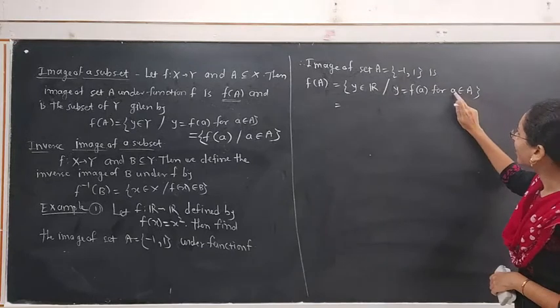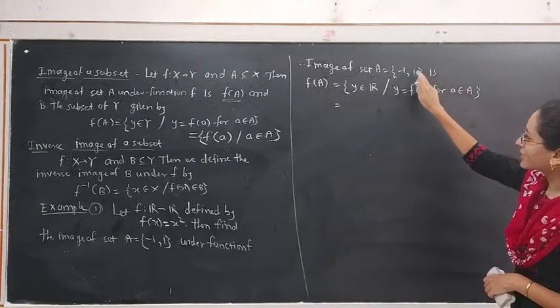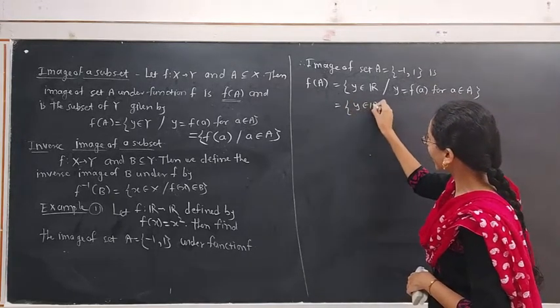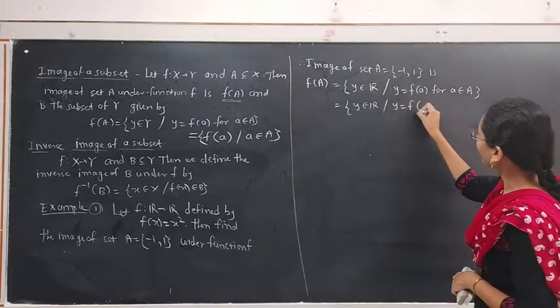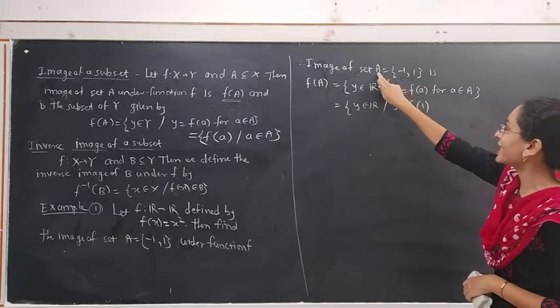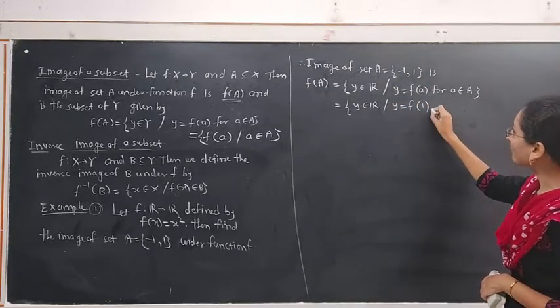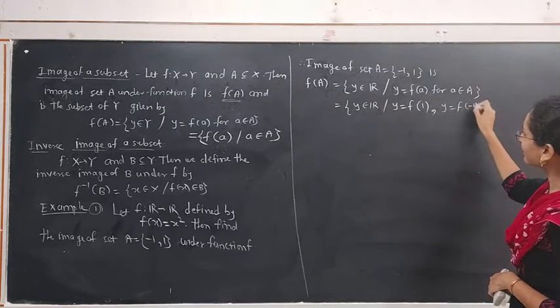Hence we consider a value minus 1 and a value plus 1. In both the cases, what do we get? Y belongs to R, where y is equal to f of 1, because a takes two values of the set A, that is minus 1 and plus 1. Hence y is equal to f of 1, and secondly y is equal to f of minus 1.